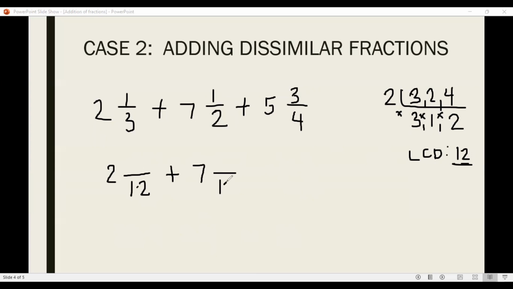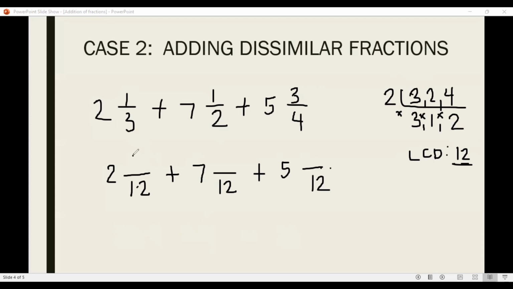Okay, we want them to be similar fractions. Okay, so 5, and we have a missing numerator there, and then of course we have to copy the denominator that is desired. Okay, again, the step is divide, multiply. Again, divide the denominators, 12 by 3, that is 4, and then we multiply.